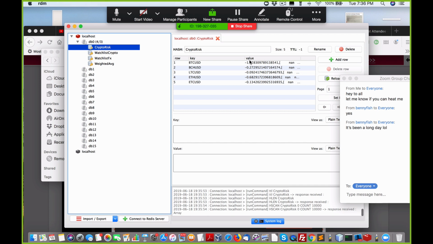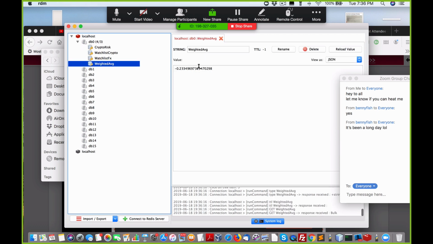Now, for my testing over the last, call it 6 months, your ideal trading condition for trading in cryptocurrency is when I would have originally said if your weighted average is at least 2. So that's another way of saying that the entire weighted average of those 5 coins is at least 2%.